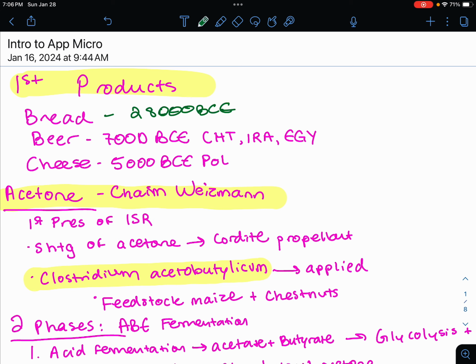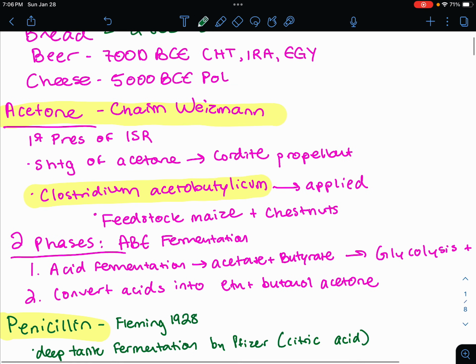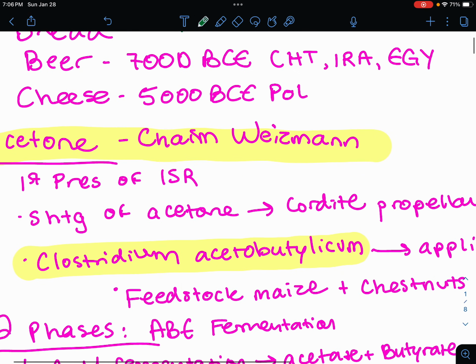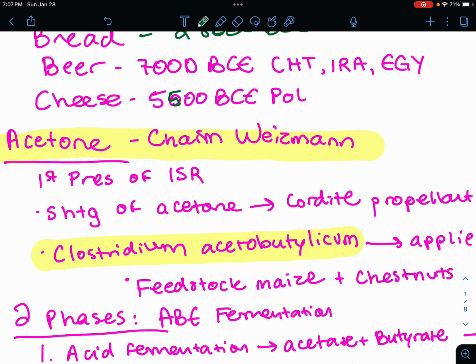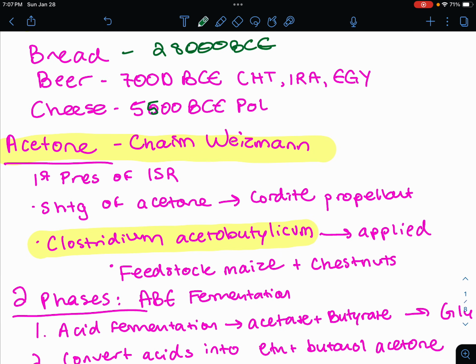We have it in 7,000 BCE in China, then 7,000 BCE in Iran, and then 3,500 BC in Egypt. Those are all listed here. Cheese was first made in 5,500 BCE in Poland. So again, some of these products are the result of microorganisms.